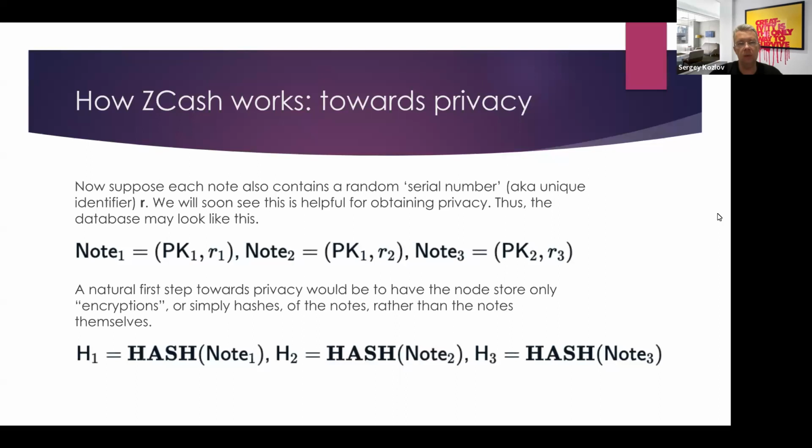And now we define the node as public key first and this r. So node 1 is R1 and public key first. Node 2 is public key first and R2.